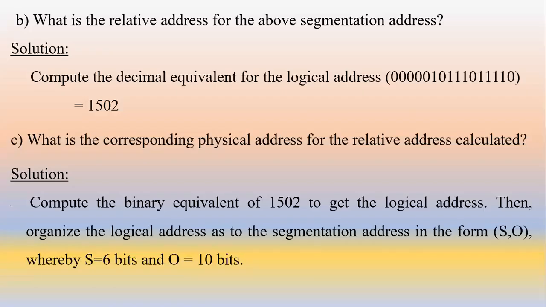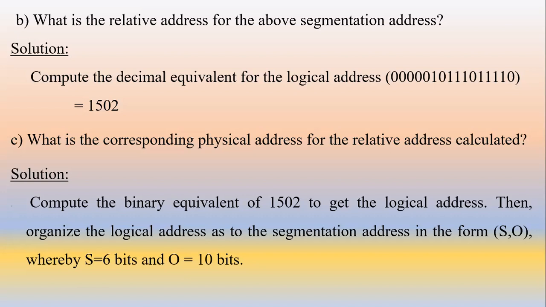And therefore, once we have gotten our decimal equivalent of 1502, we can then proceed and find out the corresponding physical address for the relative address that we have already calculated.